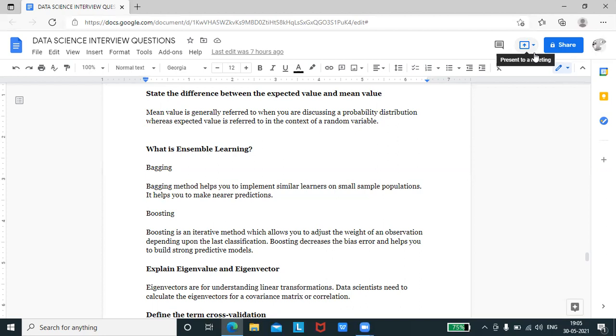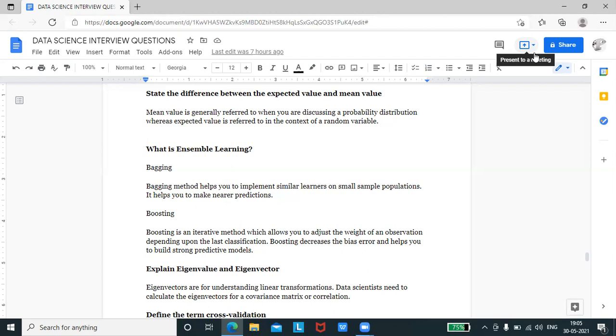In bagging, training data subsets are drawn randomly with replacement from the training dataset. In boosting, every new subset comprises the elements that were misclassified by previous models.